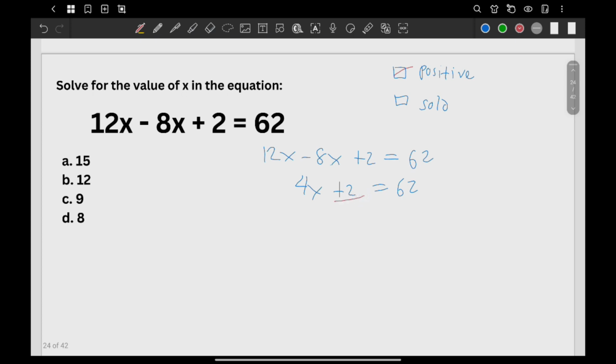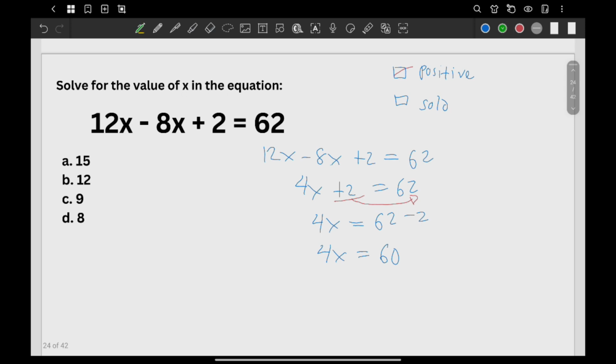What do we do? We remove first the 2 from left going to right through transposition. That's going to be now 4x is equal to 62. The positive 2 from the left will become negative 2, right? So we have now 4x is equal to 62 minus 2, that's 60. Now, sir, how do I make it solo? Because the x is not yet solo, right?